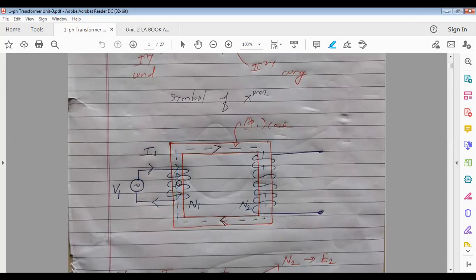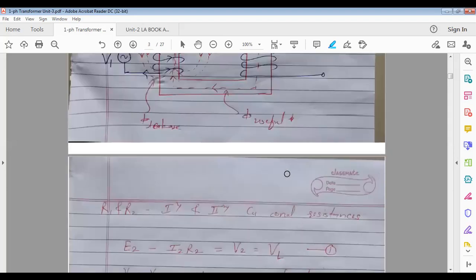Primary winding and secondary winding are both made up of copper. Why copper? Because its conductivity is more, resistance is less. If resistance is less, then copper losses will be less, then efficiency will be more. That's why these windings are made up of copper, and they are insulated with some insulating material.